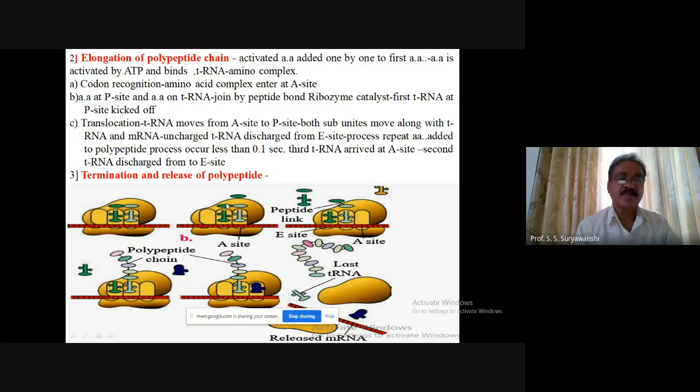So in this way, the process of protein synthesis occurs in each and every living organism. For each living organism, proteins are different. As we know, plant proteins are different, animal proteins are different.